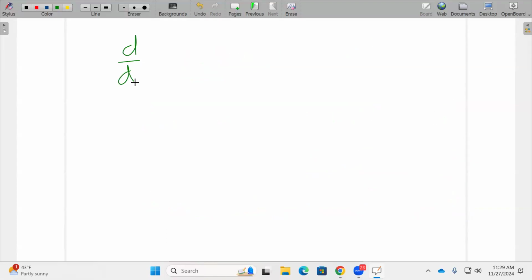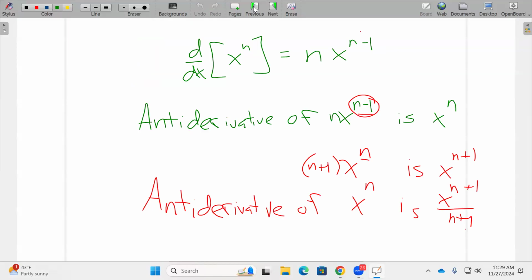The derivative of some function is 3x minus 7. Come up with the function that I took the derivative of. You can do a guess and check, or you can apply this formula here where constant multiples hang on.